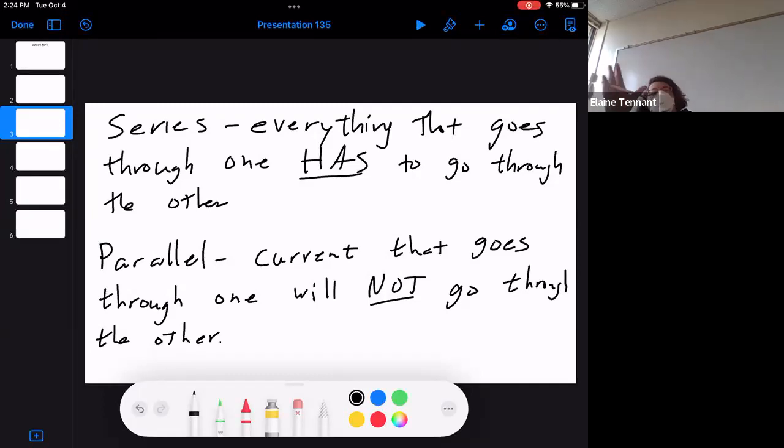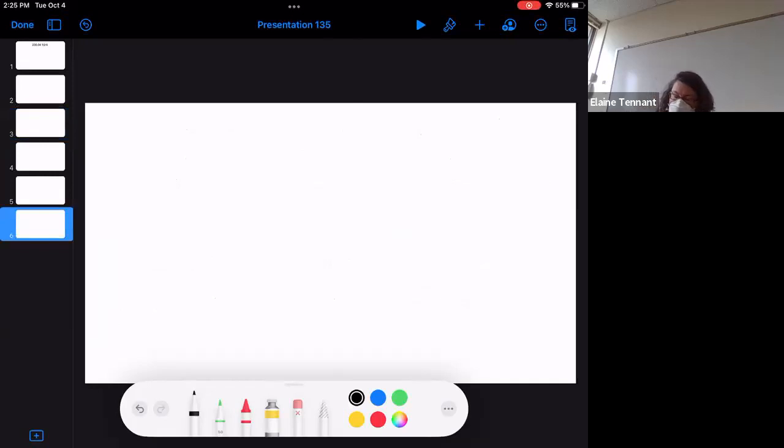Nothing that goes through one can go through the other. So you can't say that part of one of the things goes through the other. Your current either goes that way or it goes that way. Sound okay? Okay, so parallel.